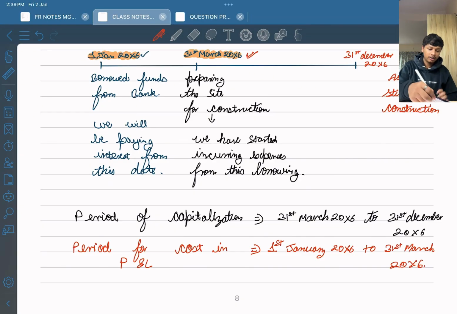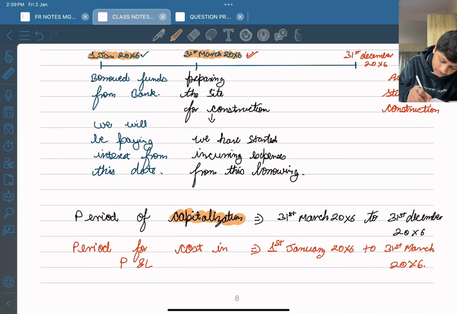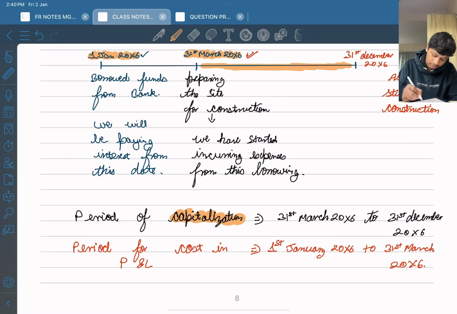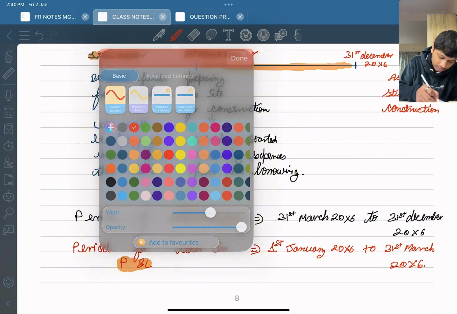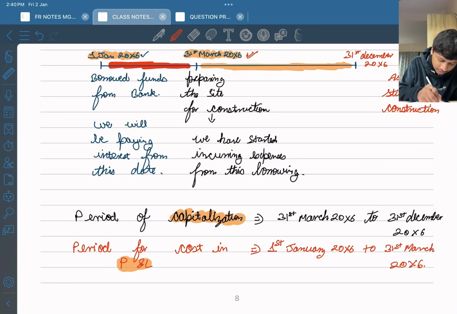So this line will be the period for capitalization, and this line will be the period for P&L.